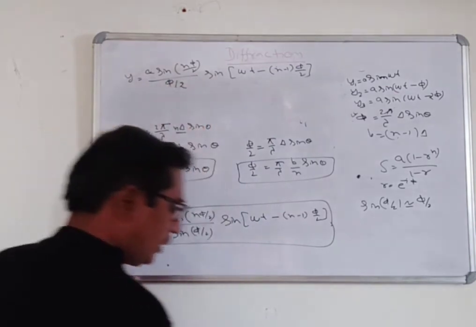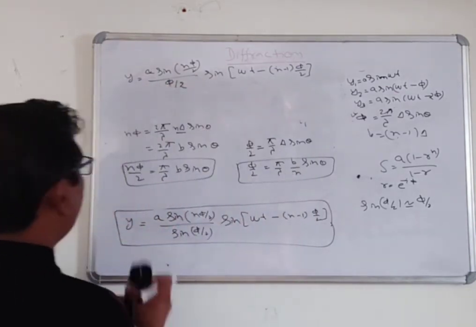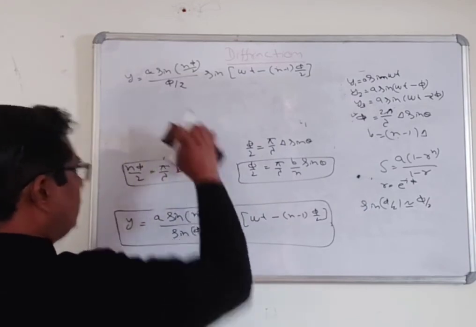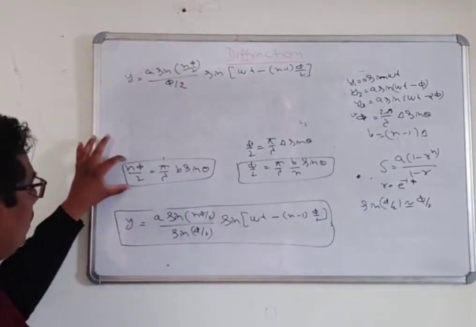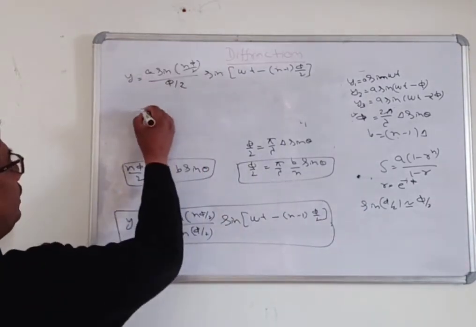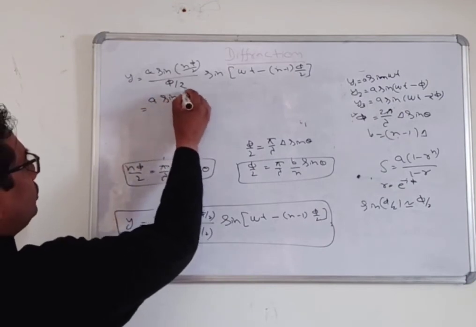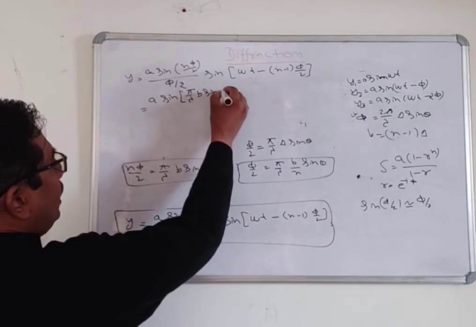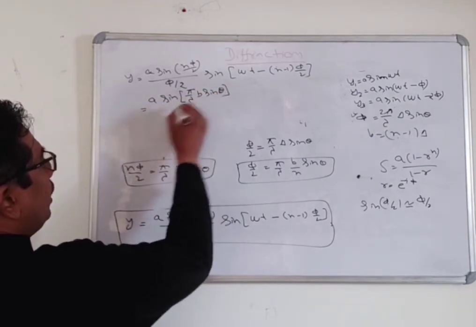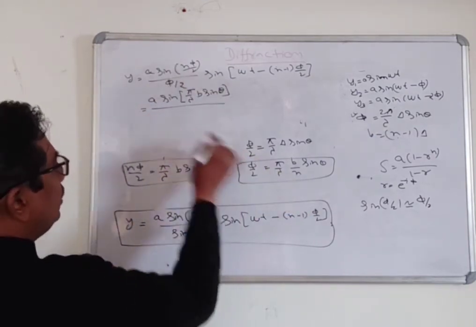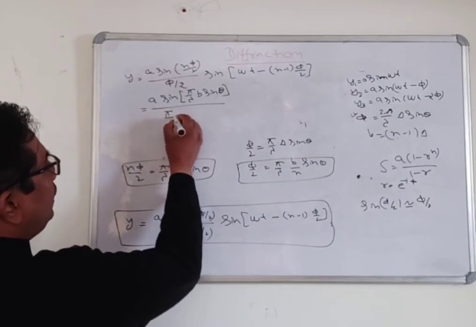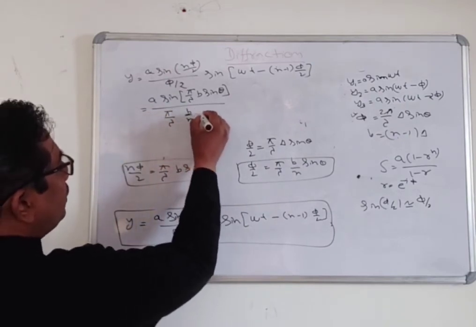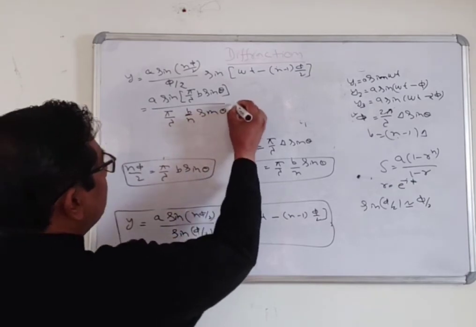And all of you know very well, n phi by 2 is equal to pi by lambda b sine theta, and phi by 2 is equal to pi by lambda b by n sine theta.